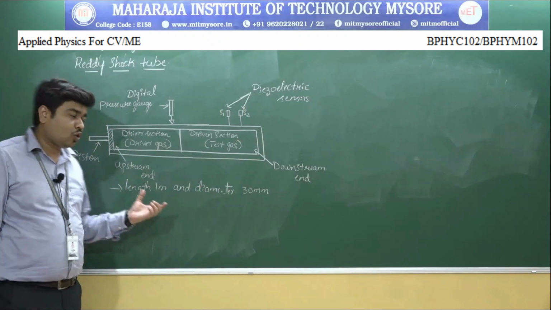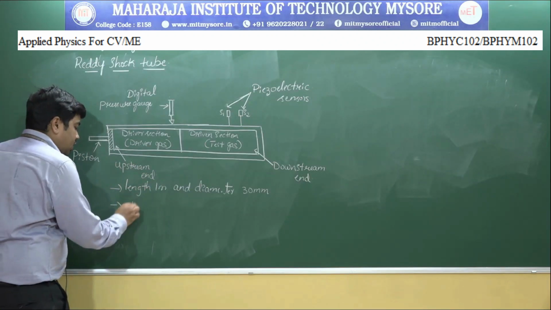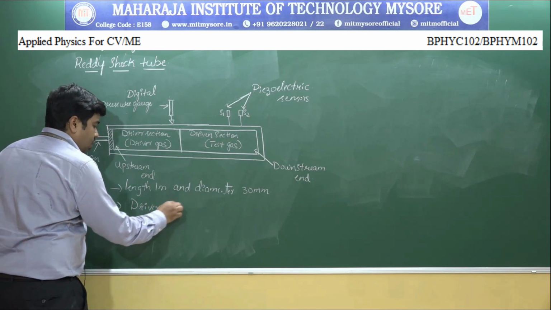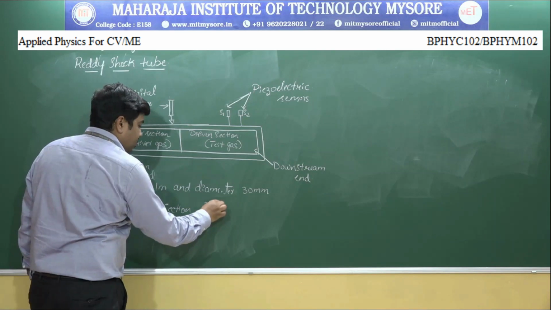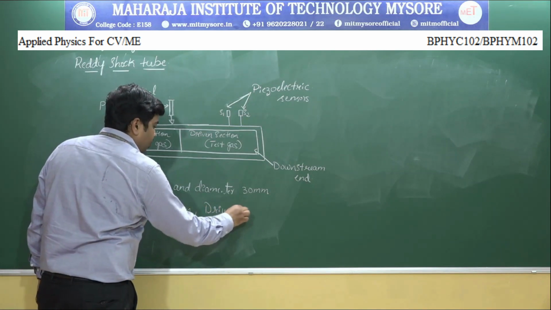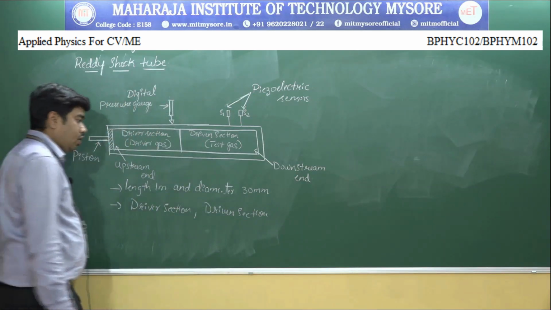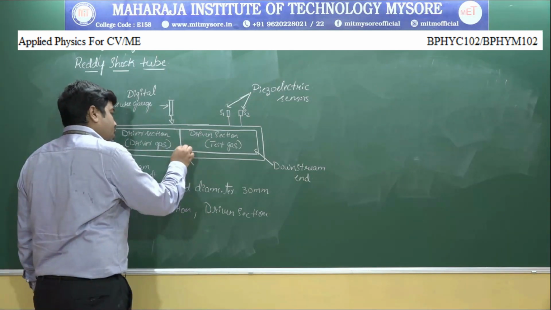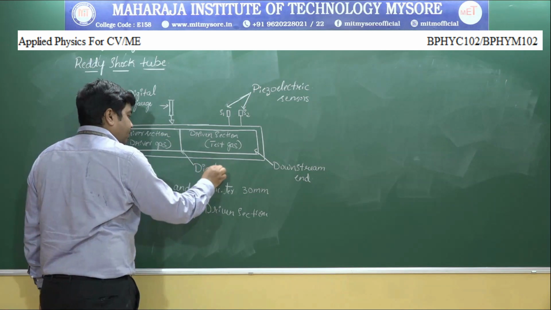The whole cylindrical steel tube is divided into two sections. One is called the driver section and the second one is called the driven section. And the driver section as well as the driven section are separated by a diaphragm.